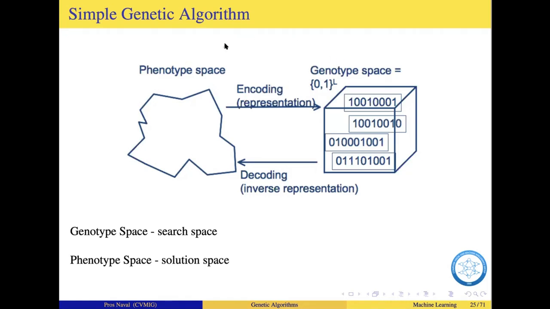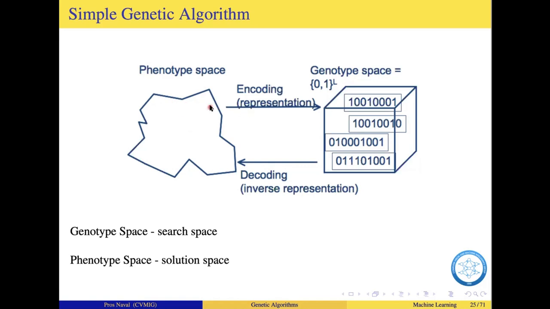So we can consider the SGA as operating in the genotype space. The genotype space is the search space. And these genes here actually encode a particular set of traits in your phenotype space.